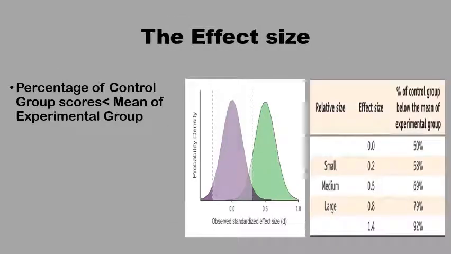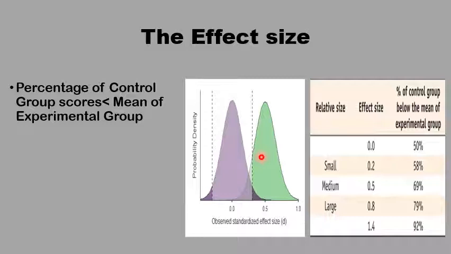One other way of estimating the effect size is to see how many of one group are less than the mean of the other group, the middle of the other group. If only 50% of this group is less than the mean of the other group, then you could imagine that the two curves are superimposed on each other, and there is very little difference between the two.